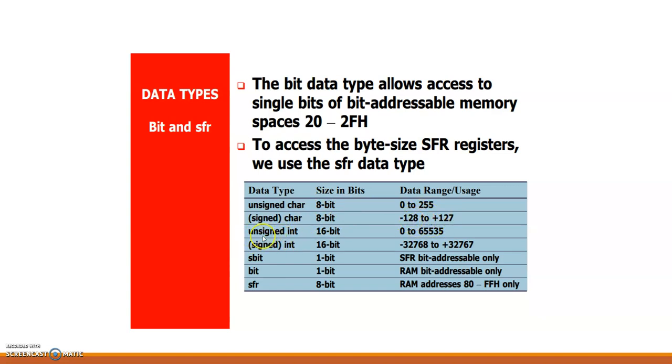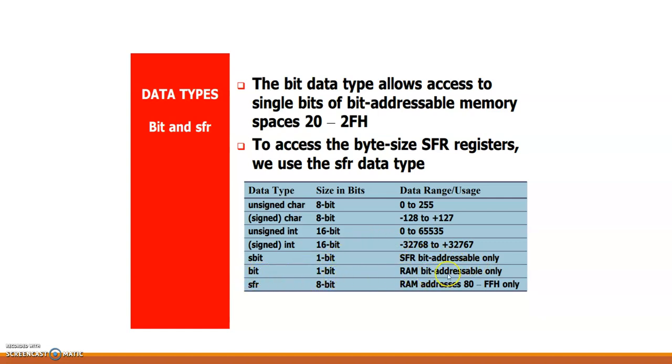For integer data types, we have unsigned and signed integer. By default it is signed. If we just write int, it means a signed integer. It is a 16-bit data type, and sbit is used to represent a single bit of a special function register, bit addressable only.